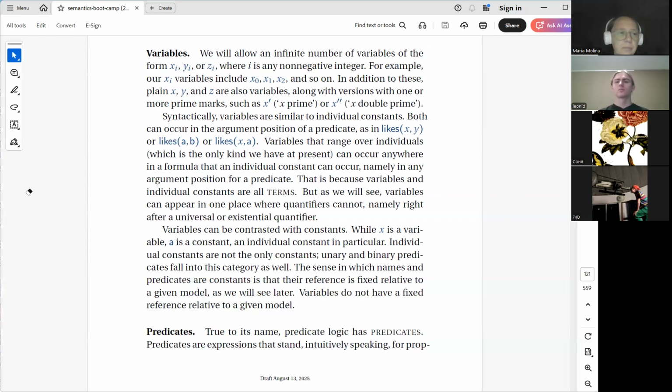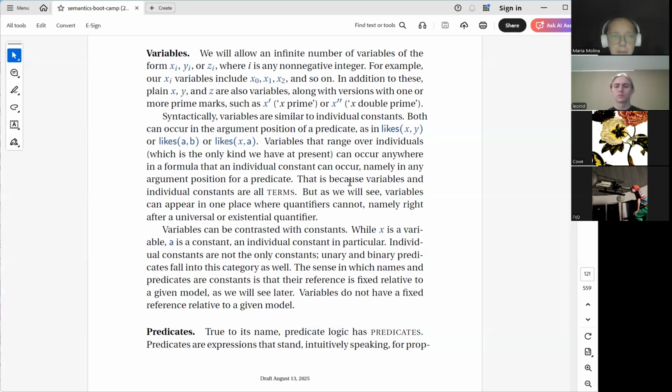And they also use prime marks or double prime, X prime, X double prime. It's just the way they write those variables.